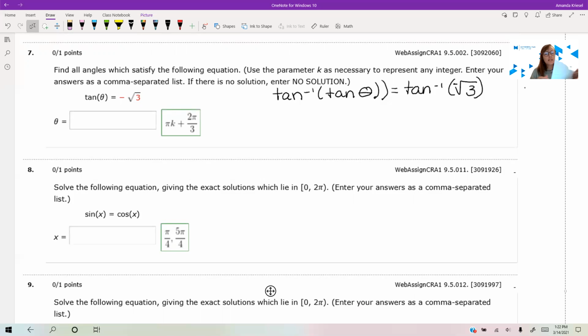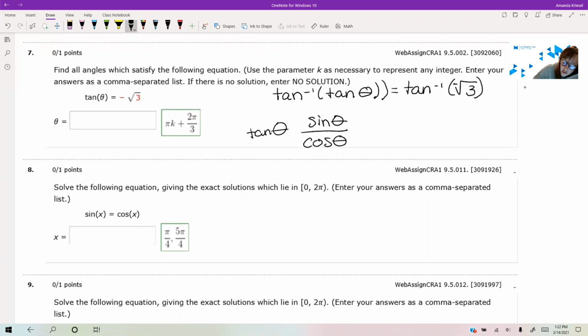One of the first things I would do is pull up a unit circle, and take into account that tangent is sine theta over cosine theta. So I look at where I get negative square root 3 if I do sine divided by cosine.